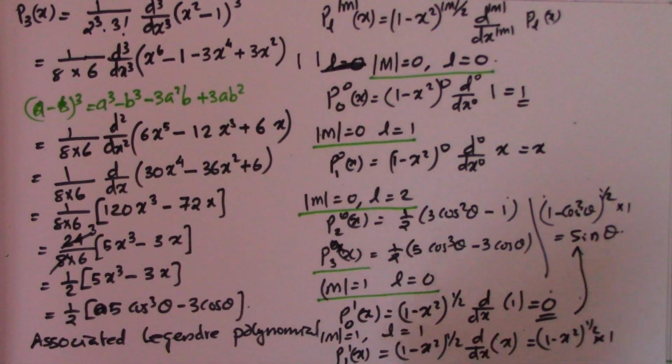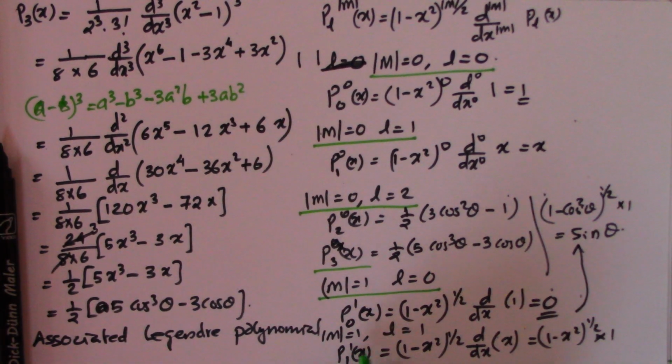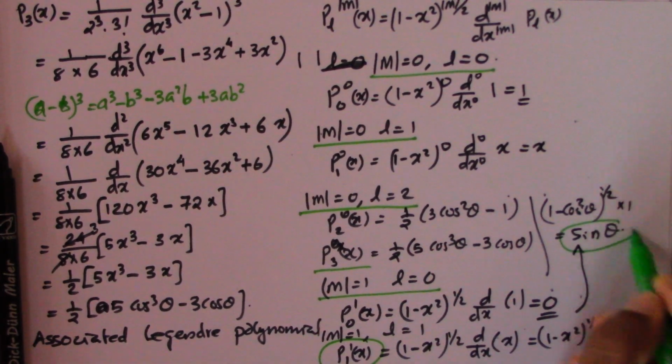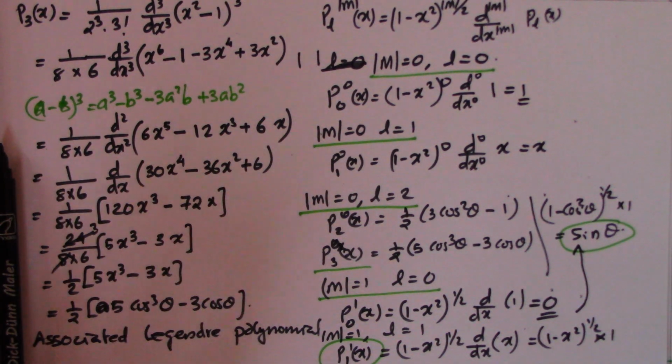Therefore P_1^1(x) is equal to sin theta. And now the rest of the things we will put in another video, because this video is already going to be 30 minutes, so I will record the rest of the things in another video.